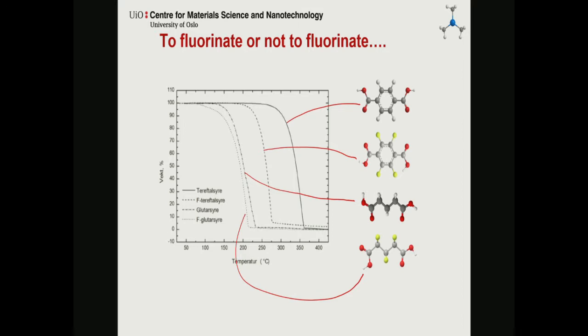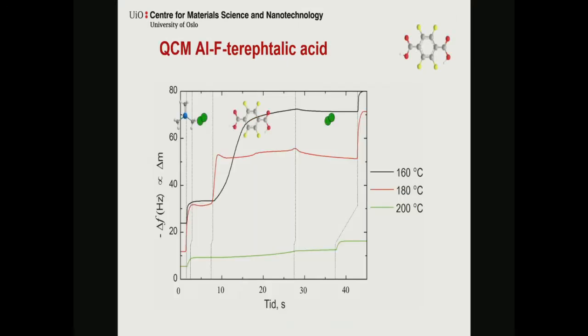But we had discussions. Okay, so the fluorinated compounds, if you compare these here, they can be grown volatile. It's actually easier volatile with the fluorinated structure than with just the ordinary hydrogenated structures. A bit more tricky to try to find the QCM temperature that you like to have.